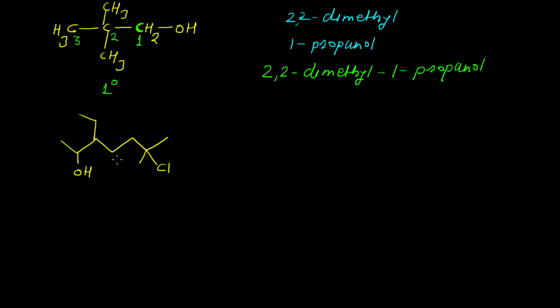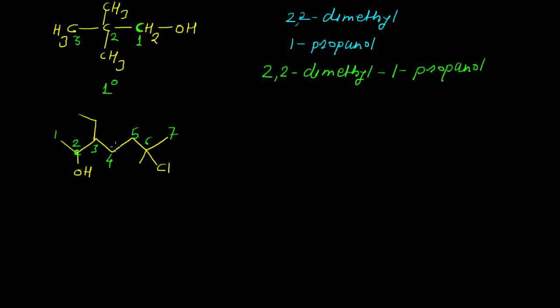But here we have to take precaution that the carbon where OH group is present should get the lowest possible number. So we must start the numbering from left hand side towards the right hand side. So this will become 1, 2, 3, 4, 5, 6 and 7. It means that we have 7 carbon atoms in this compound.